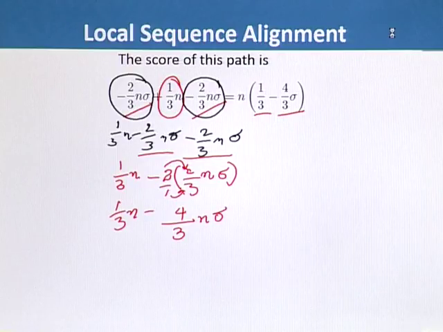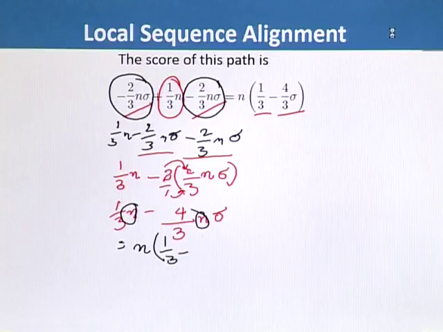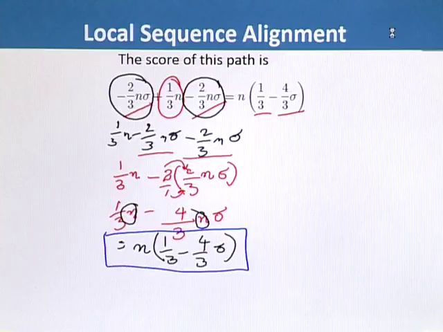So in the last step, we can see here that n is common in both of these equations. So if we bring the common n here in the first, then the equation will be 1/3 minus 4/3 sigma. So we can see here that this equation is similar to this equation.